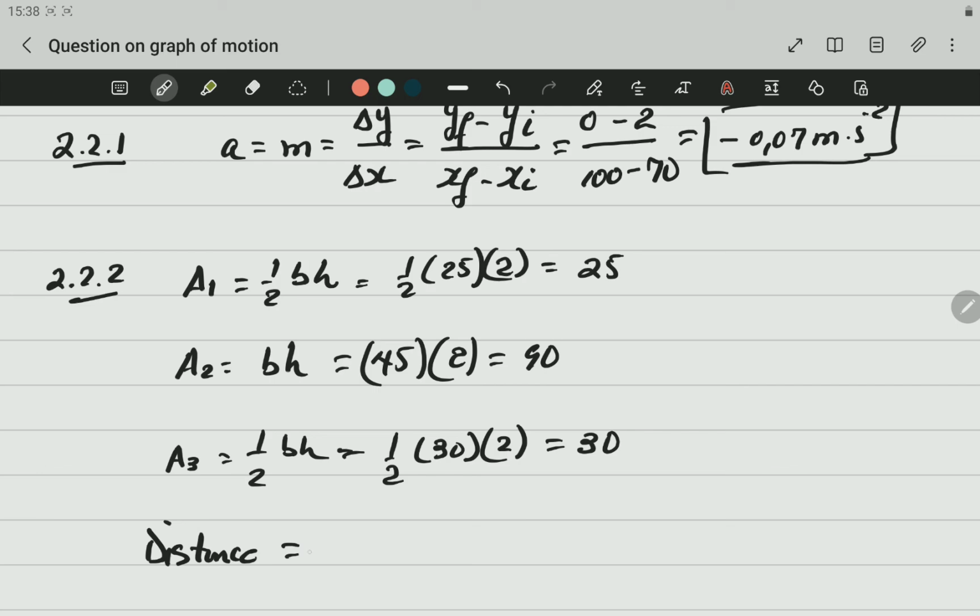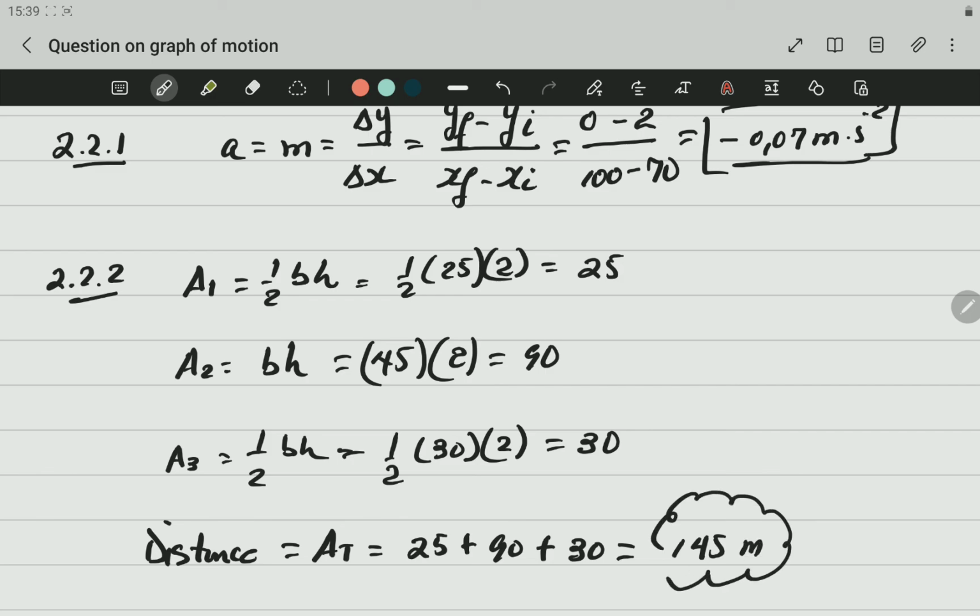The distance will be equal to the total area and will be equal to 25 plus 90 plus 30. And the answer of this one is going to be 145 meters. This is the final answer for the total distance covered by the man.